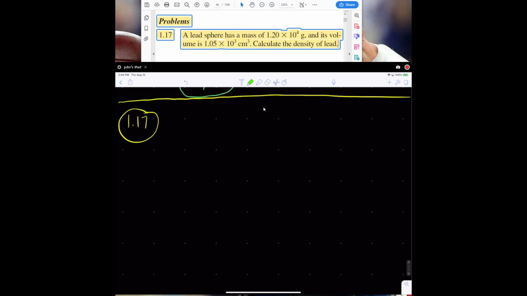So it wants us to solve for density, and we know that density is D equals M over V. Density equals mass over volume, and they're giving us the mass of the sphere, which is 1.20 times 10 to the 4 grams. That's our mass. Alright, what's our volume?